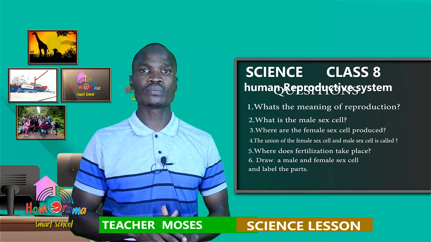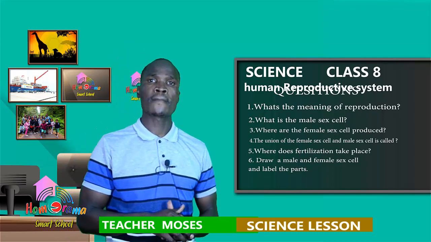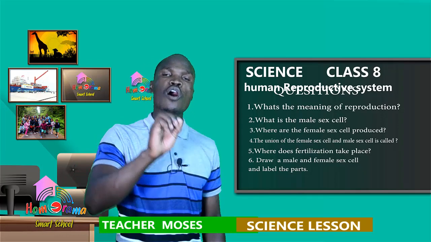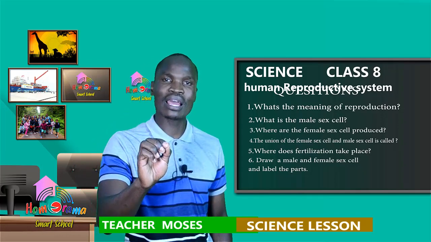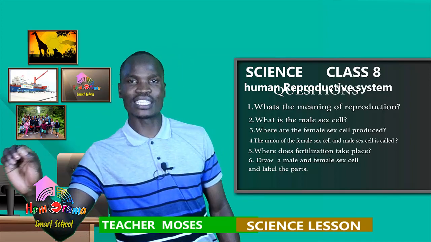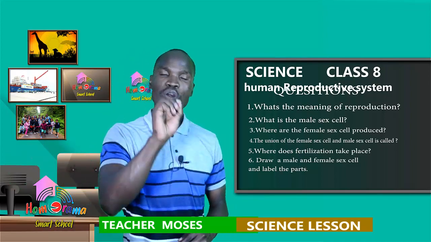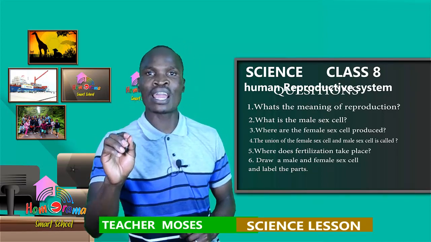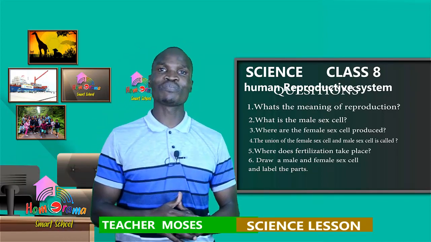Number four, the union of the male sex cell and the female sex cell is called dash.